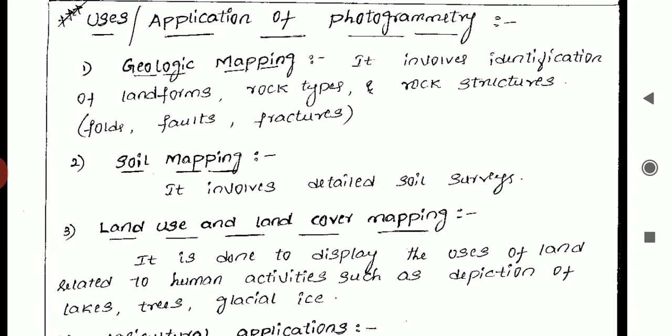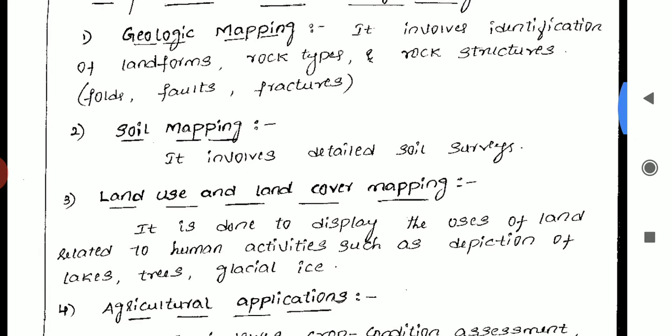The third use is land use and land cover mapping. By using images, we can judge land use. If the land has soft soil, then it will cause a lot of problems during construction.